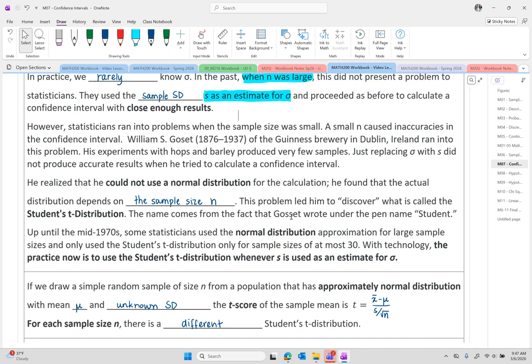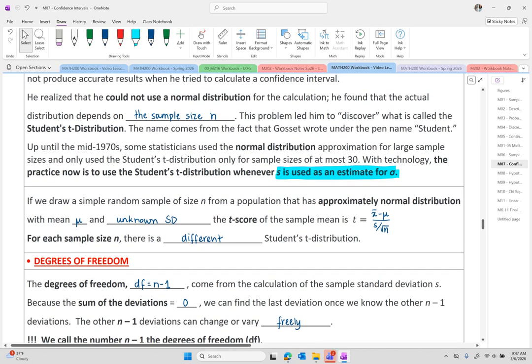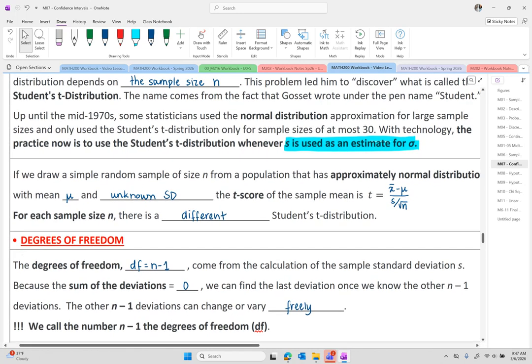But now with technology, we can use the student's t-distribution for any sample size under the condition that we do not know sigma and we use the standard deviation of the sample s to estimate the standard deviation of the population. So what is the student's t-distribution?